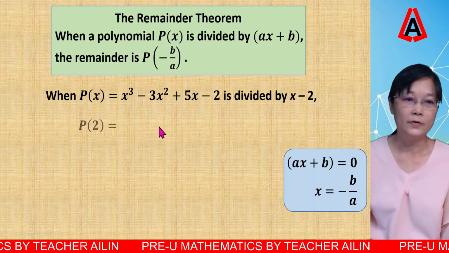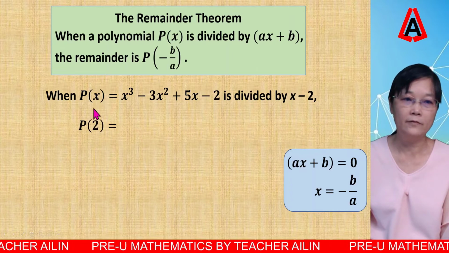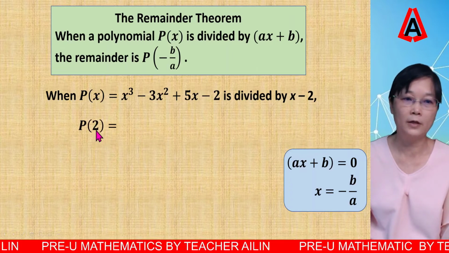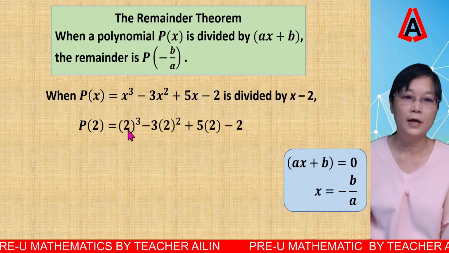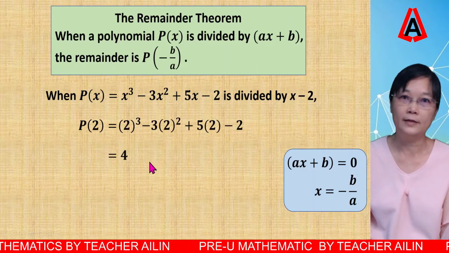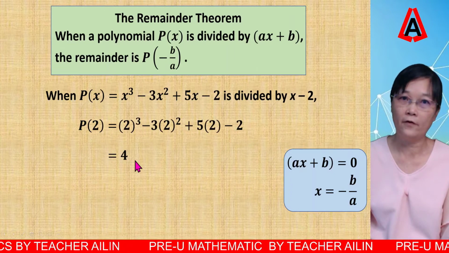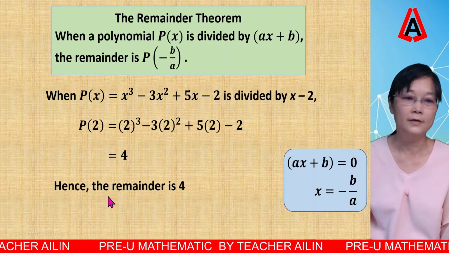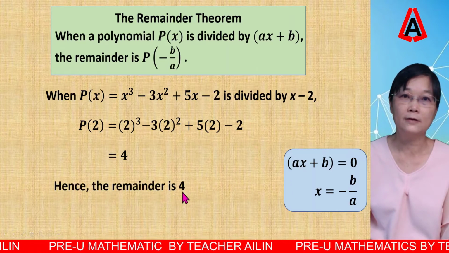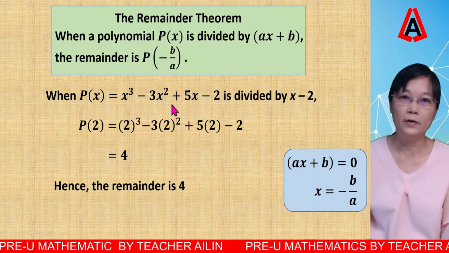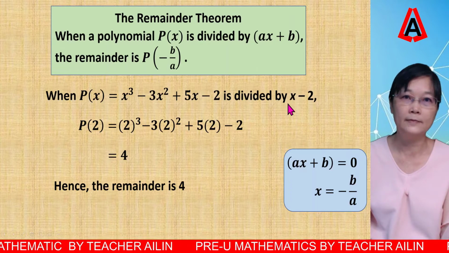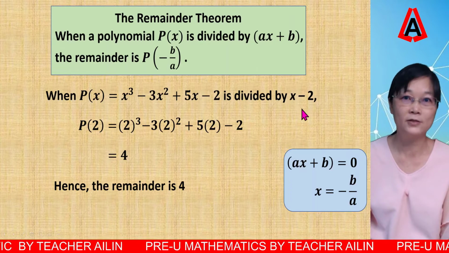So now I'm going to substitute the value of x in this polynomial with 2. After calculating, we find that the value is 4. Therefore, the remainder is 4 when this polynomial is divided by x minus 2.